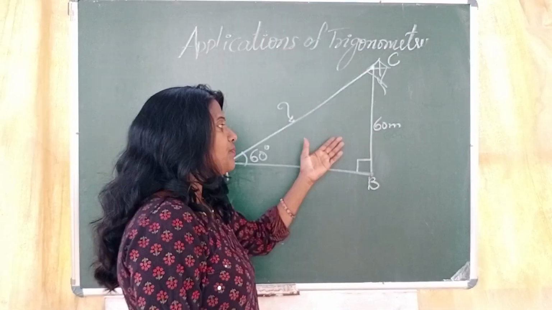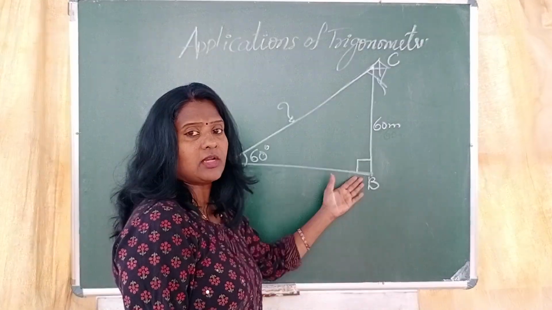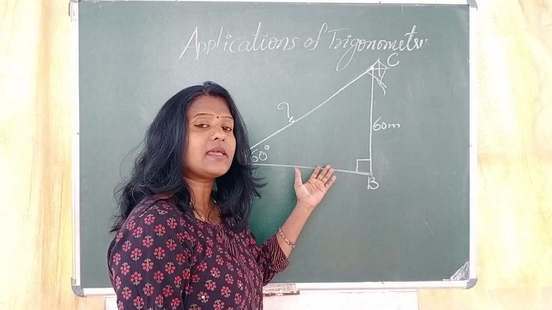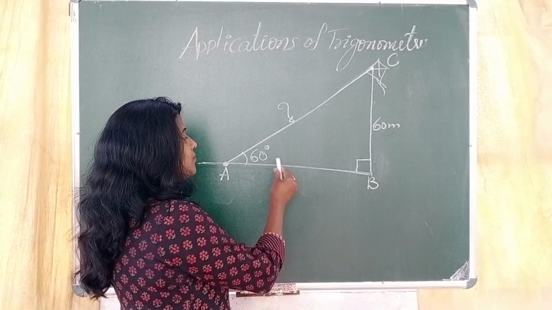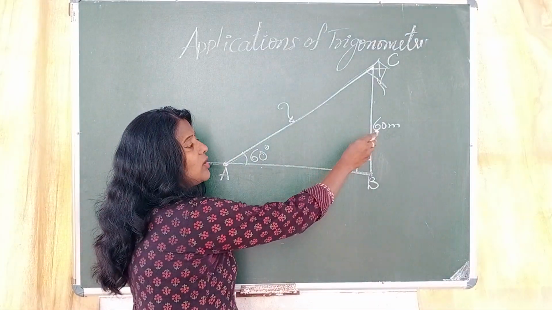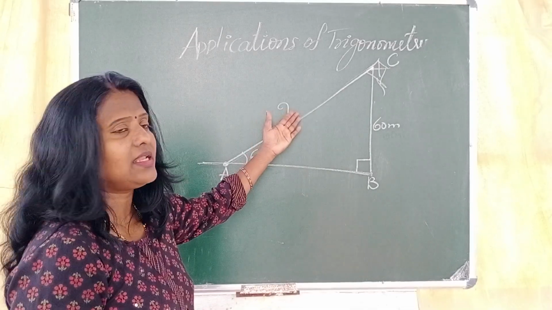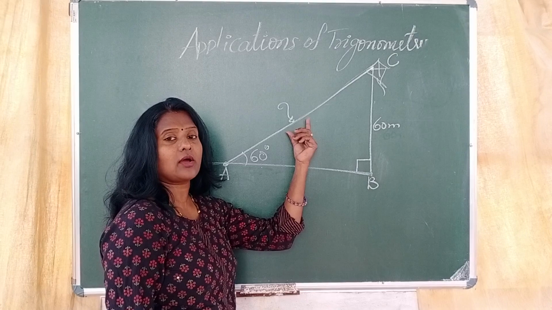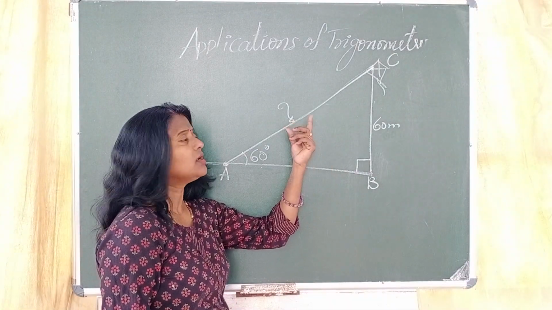So now you know that the line is perpendicular to the base. That means it is a right angle triangle. Now easily I can apply trigonometric ratio because I know one angle and one of the sides of the triangle. So here, according to the right angle triangle, this is nothing but the hypotenuse.